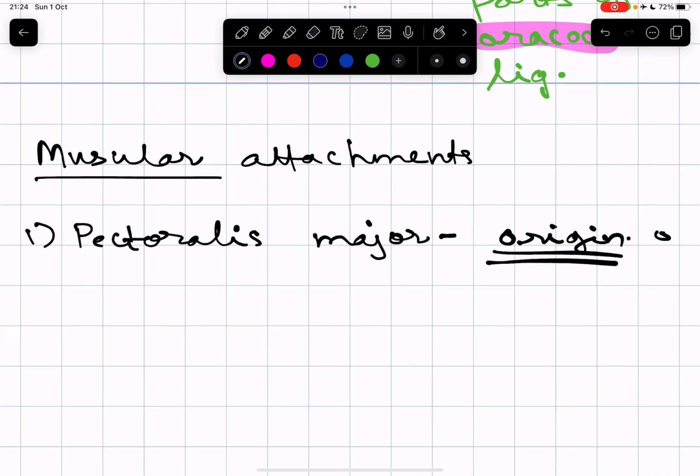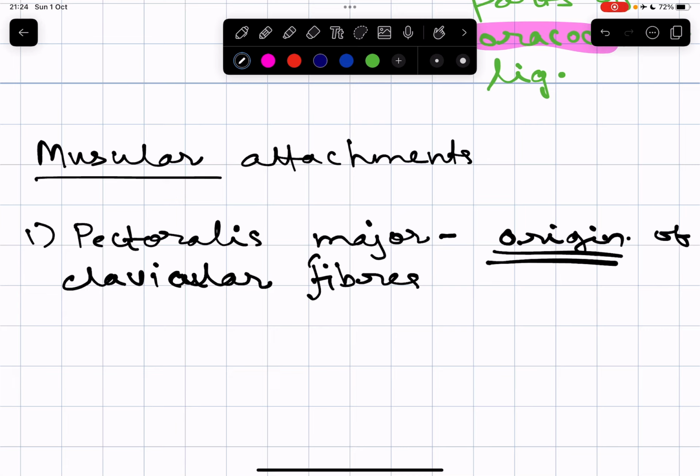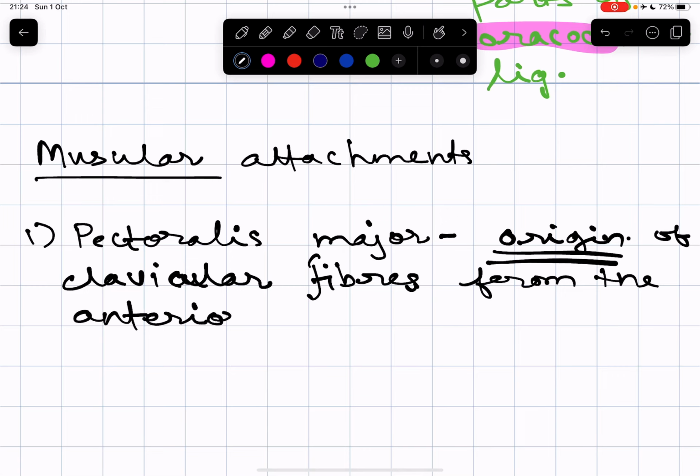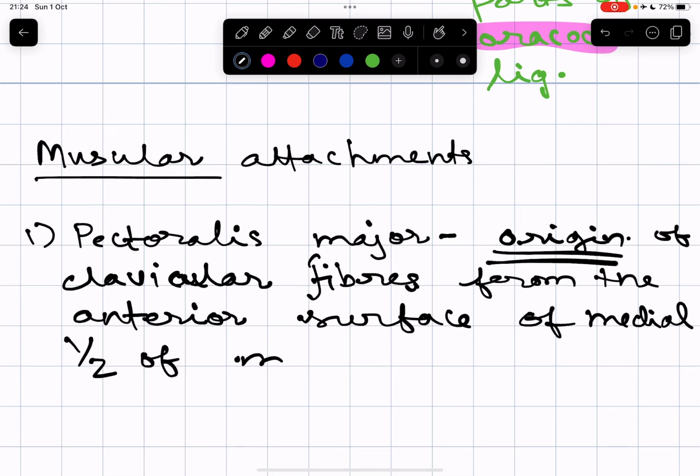There is origin of which fibers of the pectoralis major? The clavicular fibers. Where do they take their origin from? From the anterior surface of which part of the shaft? The anterior surface of the medial half of the medial two-third. We have two subdivisions of the shaft, the medial two-third and the lateral one-third.